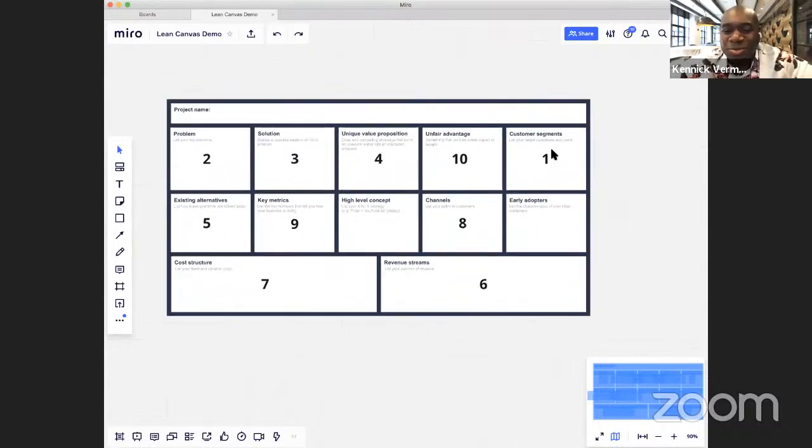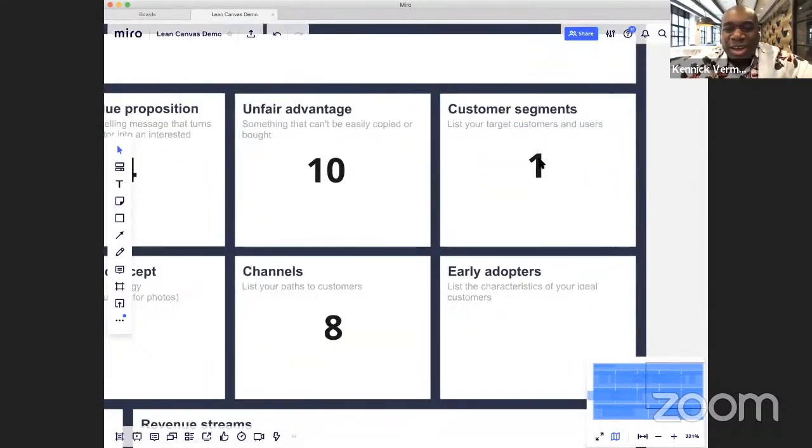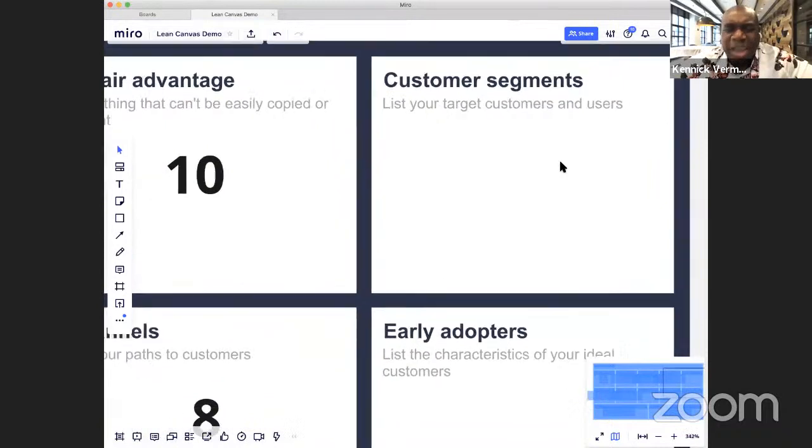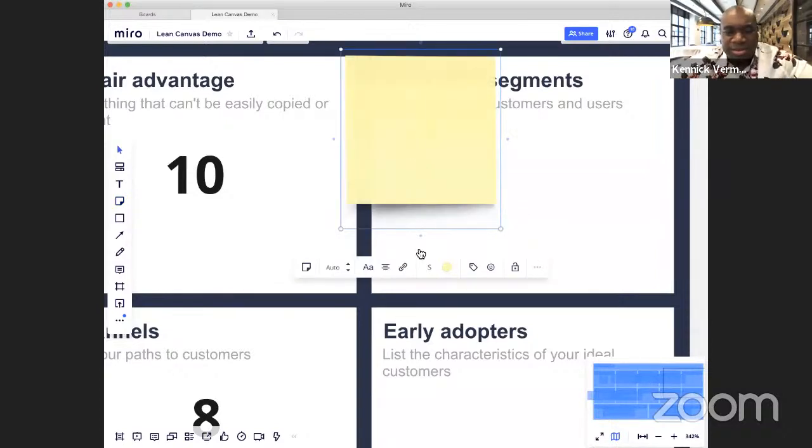Anyway, we'll zoom in. And when you're filling out the lean canvas, you definitely want to use sticky notes, because sticky notes allow you to just kind of think about something, put it on the board, and as you're going through the different parts of the lean canvas, you'll be able to say, okay, well, this just doesn't make sense.